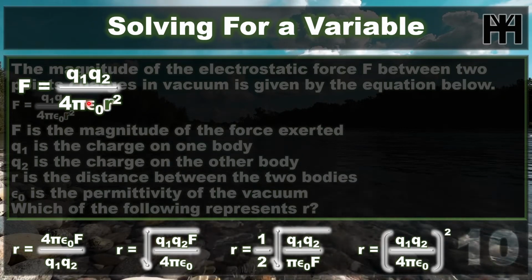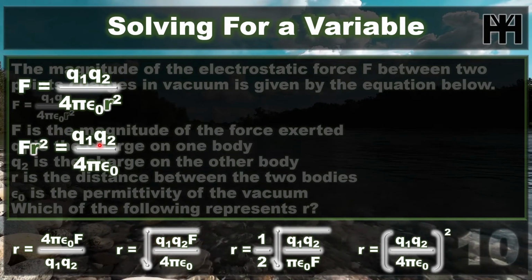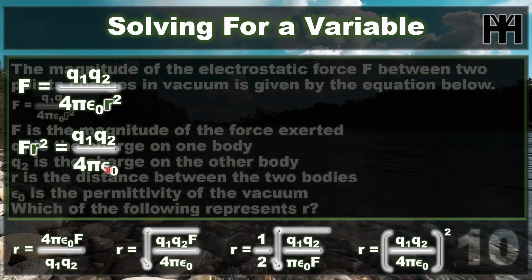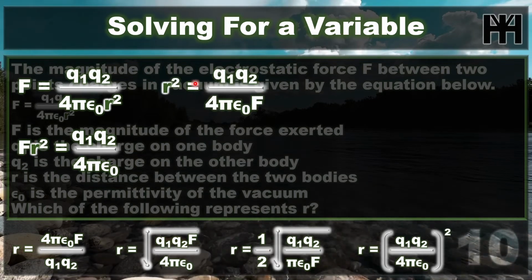So first of all, we will send the r squared, it's divided here, send it to be multiplied, so it's F r squared equal q1 q2 over 4 pi epsilon-naught. And we'll send the F to the other side to be divided, so it's r squared equal q1 q2 over 4 pi epsilon-naught F.